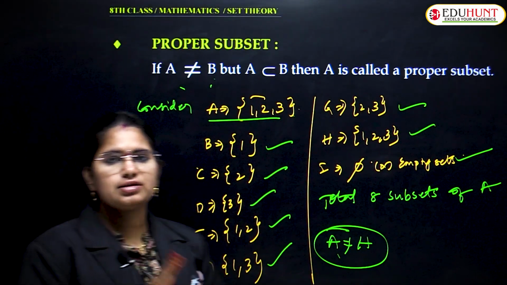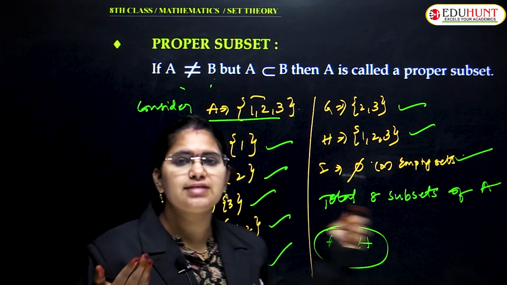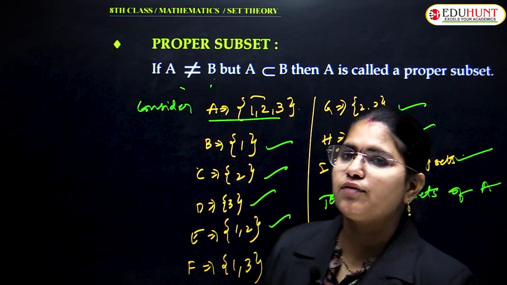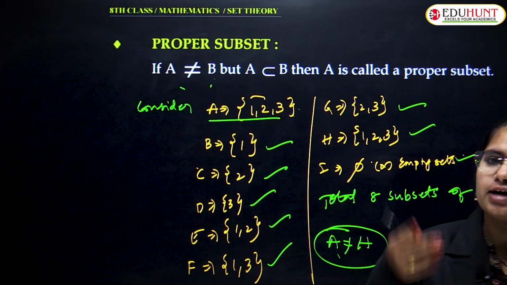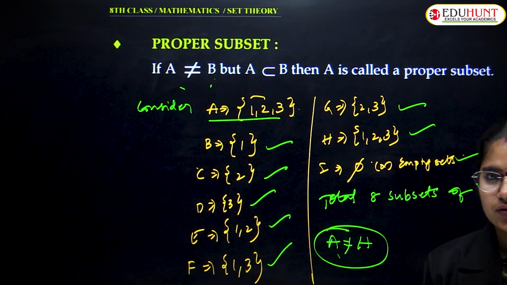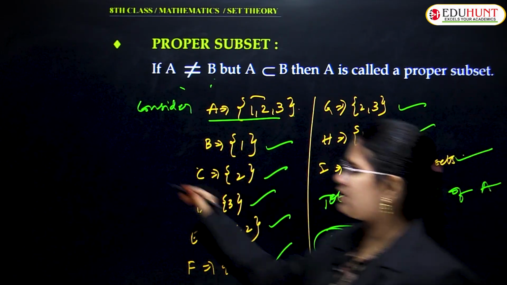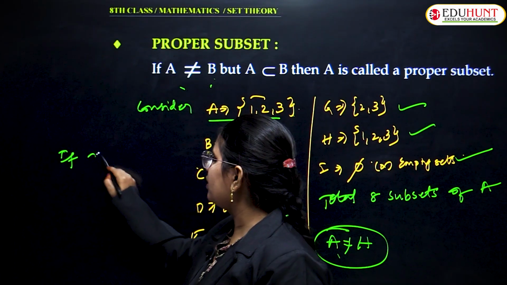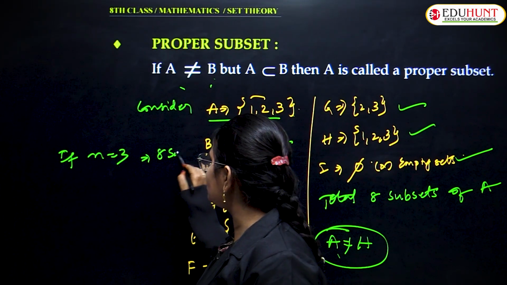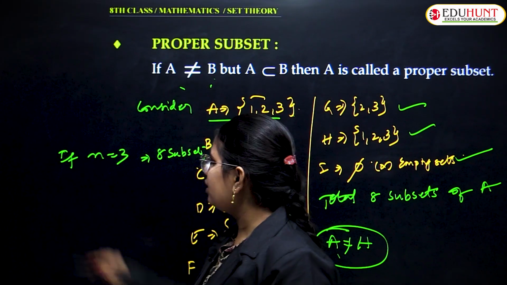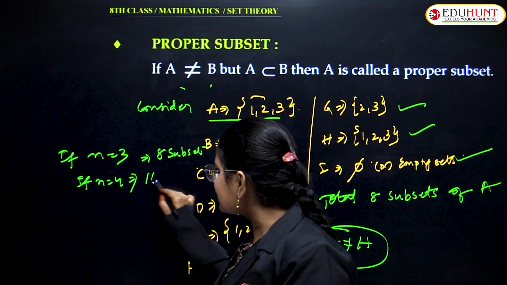So if you are considering any one set, you can write 2 power n subsets. If you want to give a formula, how many subsets can exist for one main set? Here is the proof. If n is equal to 3, I can create 8 subsets over here, right? If n is equal to 4, I will have 16 subsets.